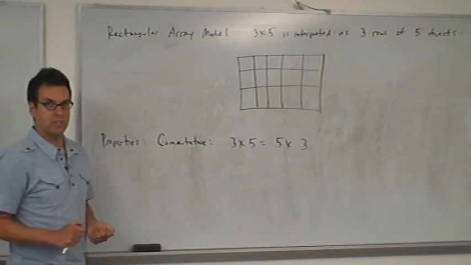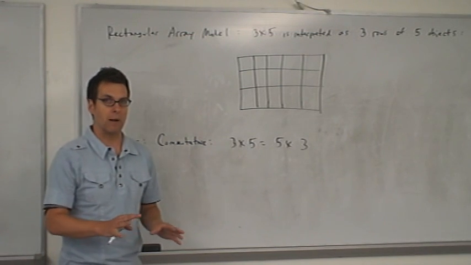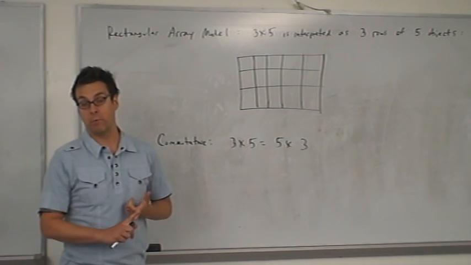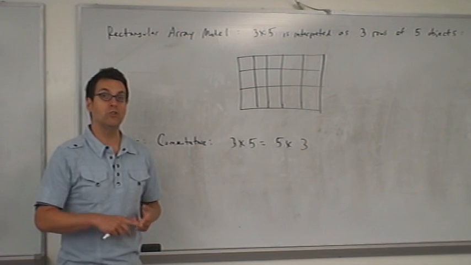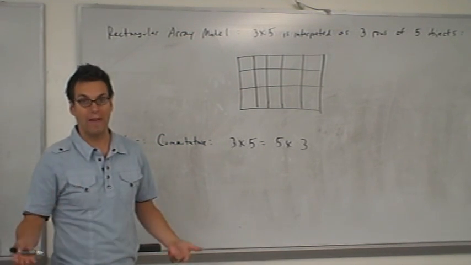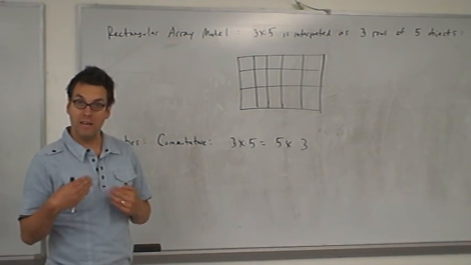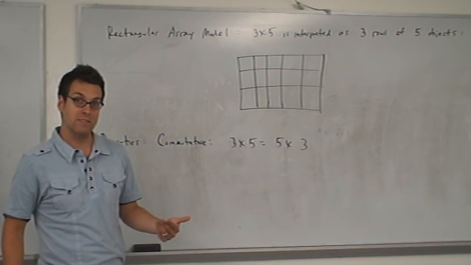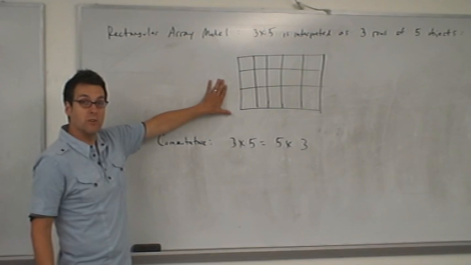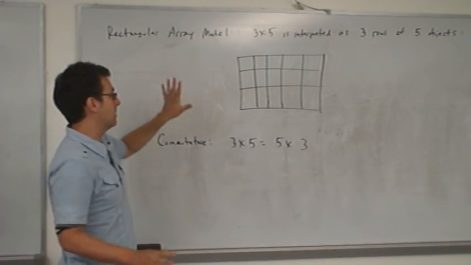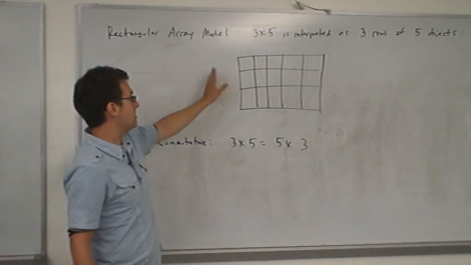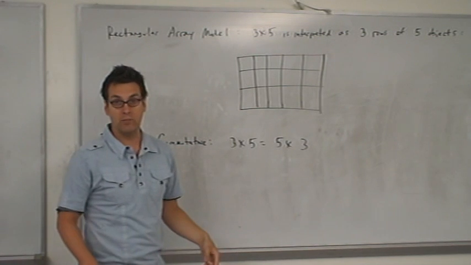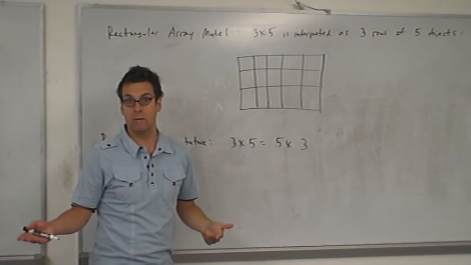As we discussed with addition, we don't just want to tell students these properties. We want students to either figure out the properties on their own, or we want to justify to the students why the properties are correct. This is not terribly difficult to do in the case of multiplication, and the rectangular array model can help us out. If we just look at this array for 3 times 5, if we look at this straight on, then we clearly see 3 rows of 5 objects, which we interpret as 3 times 5.